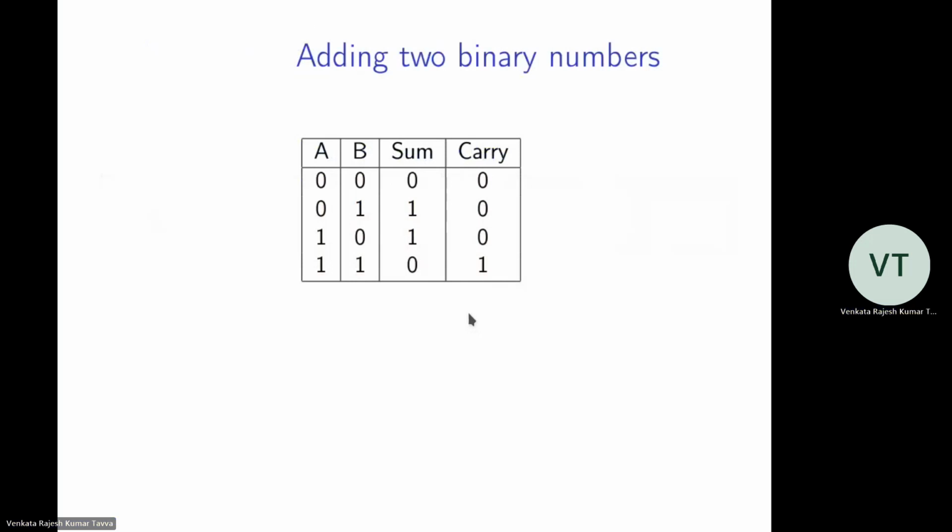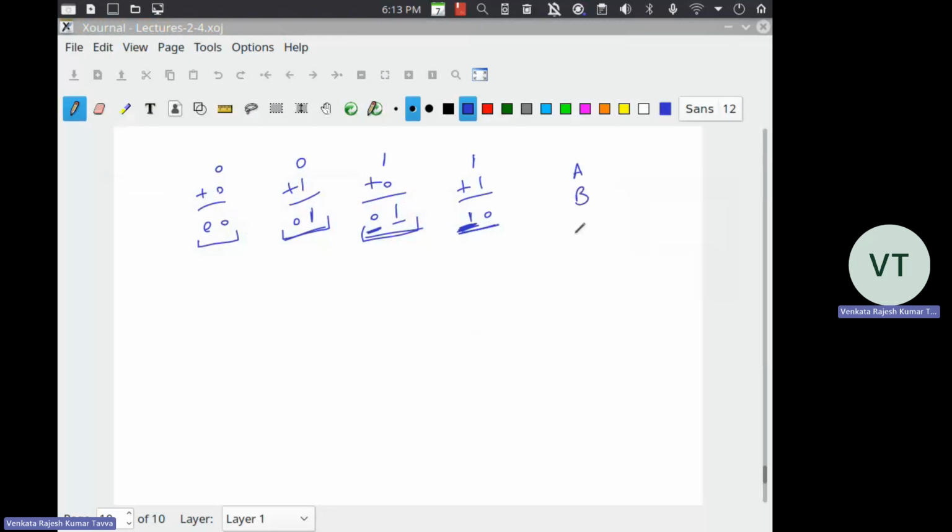So when you are giving two inputs, A and B, if you perform A XOR B, you will get which bit? Sum bit. If you perform A and B, you will get which bit? Carry bit. Okay, so you need to give A and B as input to two gates, XOR gate and AND gate. XOR gate's output will be the sum bit, AND gate's output will be the carry bit. Combine these two, that will be your result.